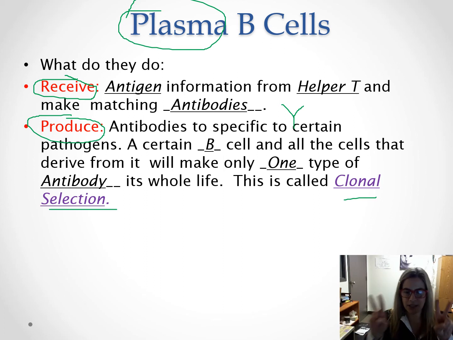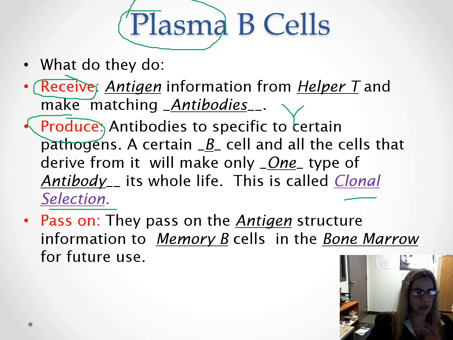Once a B cell is programmed to make a certain antibody, that is the only antibody it will ever make, and any B cell that derives from that one will make the same antibodies as well. There's no changing your mind and deciding to make this antibody instead. Once it's established, it's done.